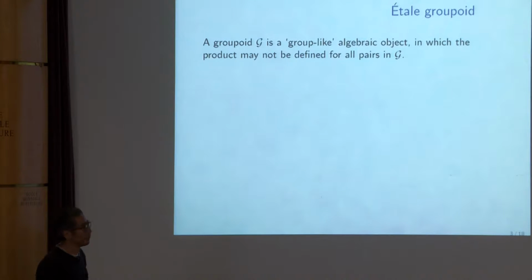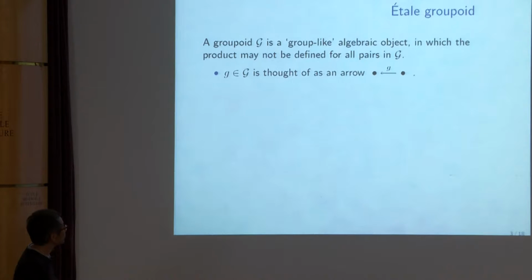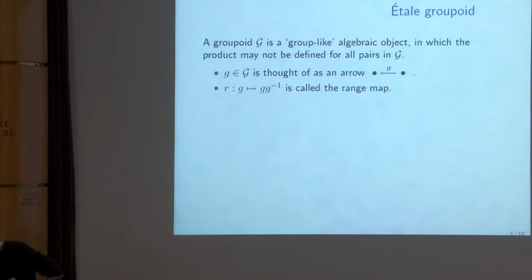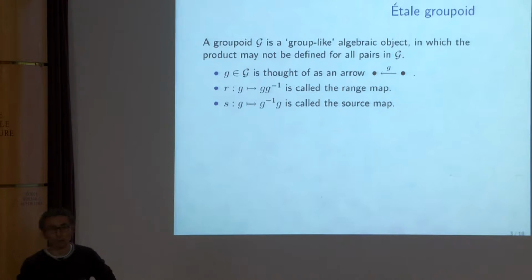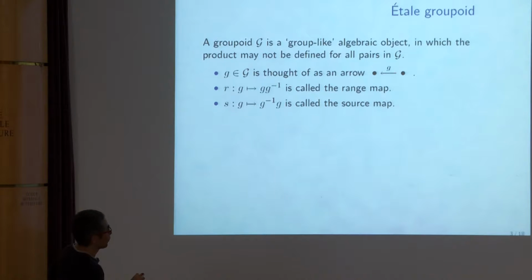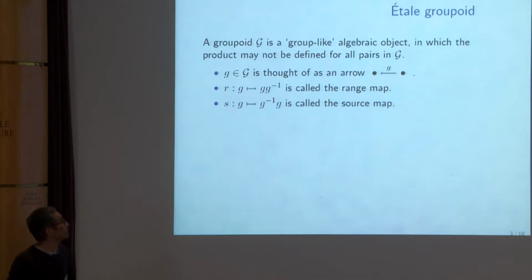Let's begin with the definition of an étale groupoid. What is a groupoid? A groupoid G is a group-like algebraic object in which the product may not be defined for all pairs. An element g is thought of as an arrow from this point to that point. These points belong to the unit space.